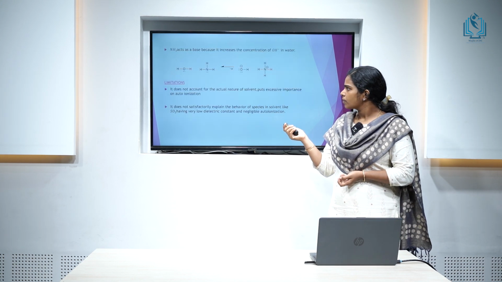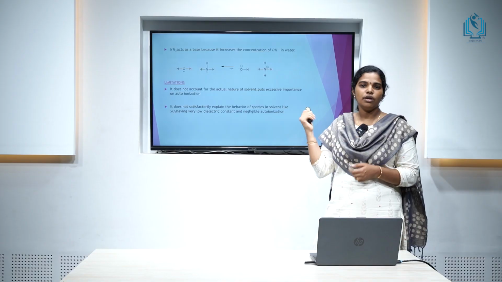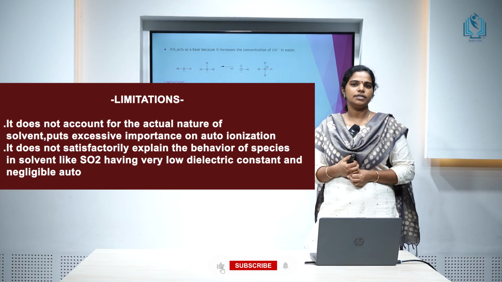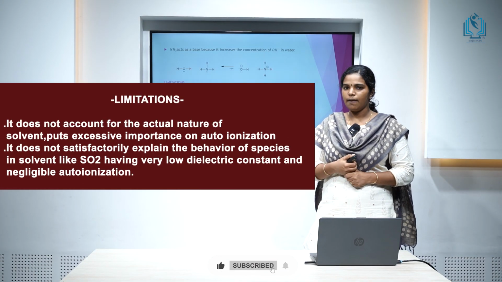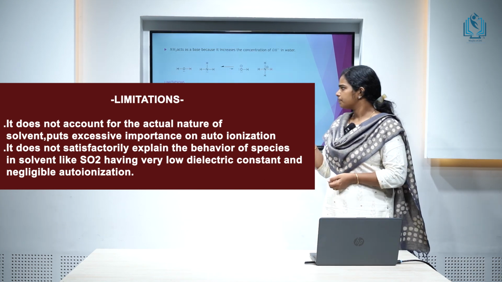Second one, NH3. NH3 acts as a base in water because NH3 increases the concentration of OH- ions. By adding NH3 to water, additional OH- ions are formed, and hence we can say NH3 is a base.